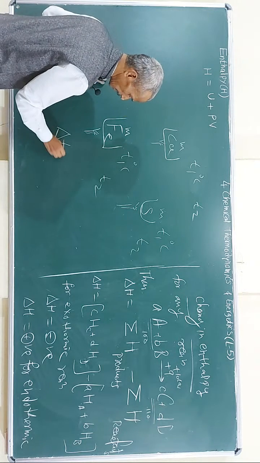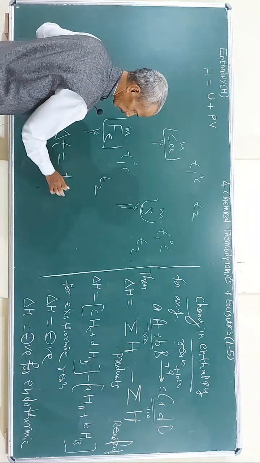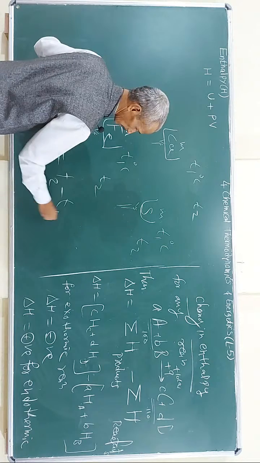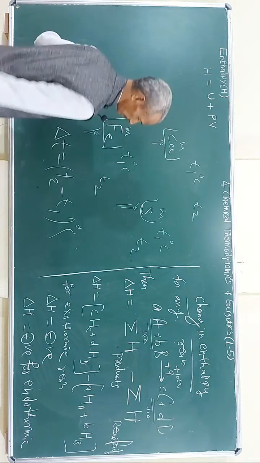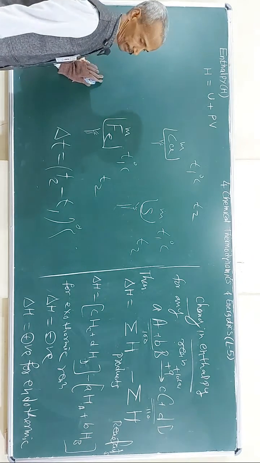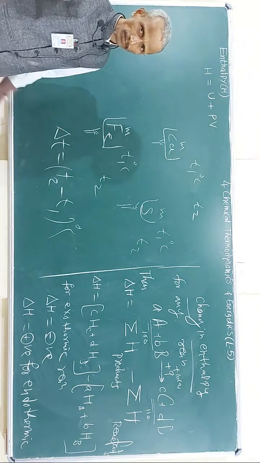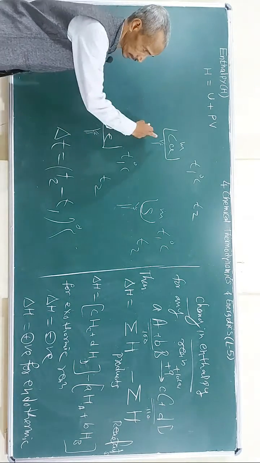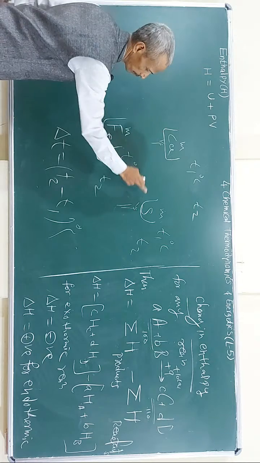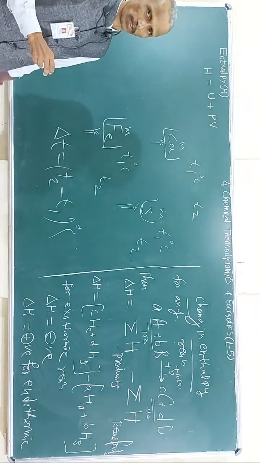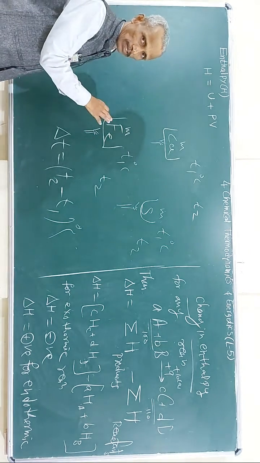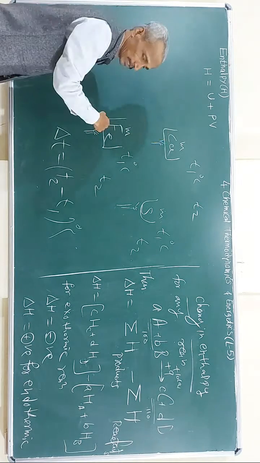Then delta T is equal to T2 minus T1 degrees Celsius. Which one is more, in the case of copper, sulfur and iron? It is found that it depends upon the nature of the substance.